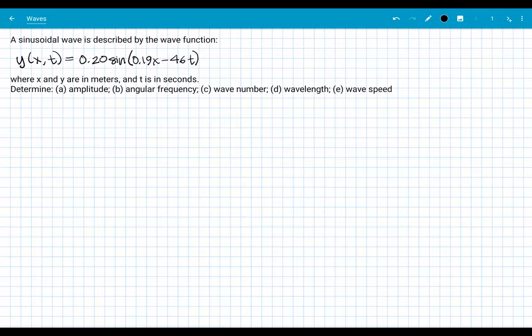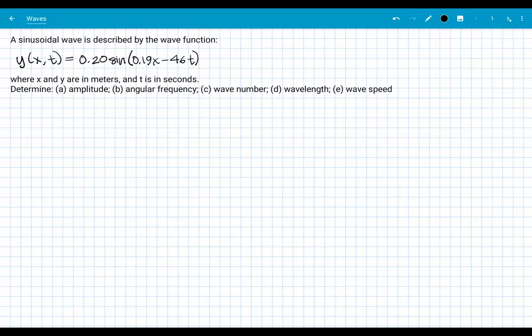That's a transverse wave example. In a longitudinal wave, of course, the particle in the medium would be oscillating parallel to the axis along which the wave is moving.